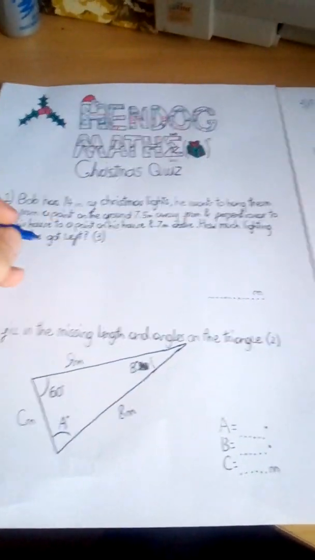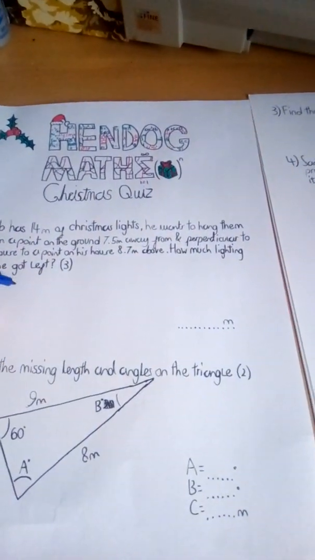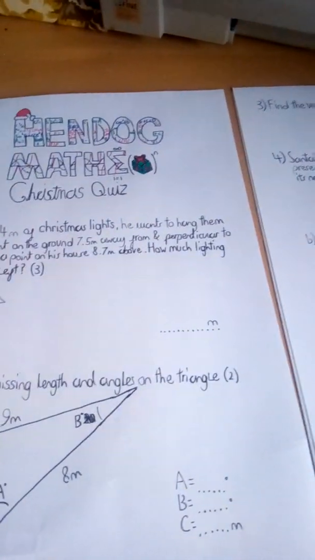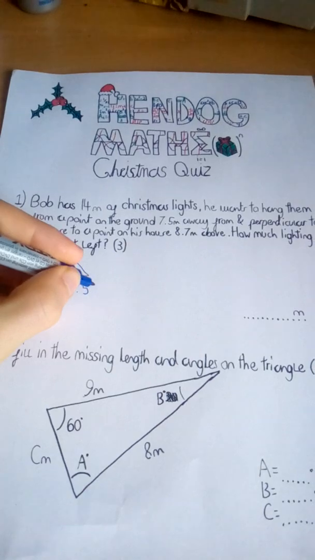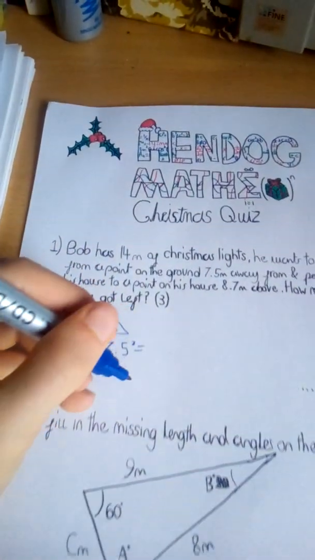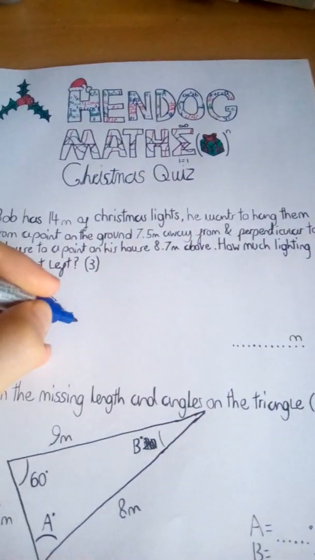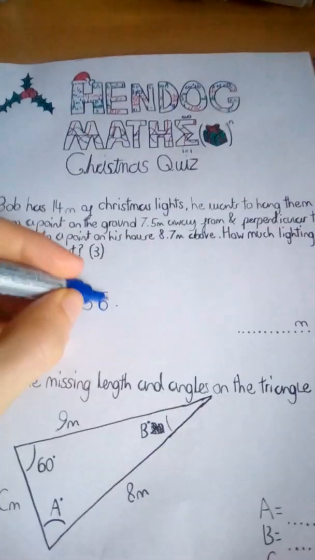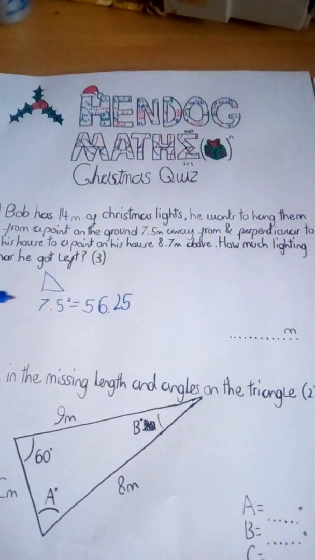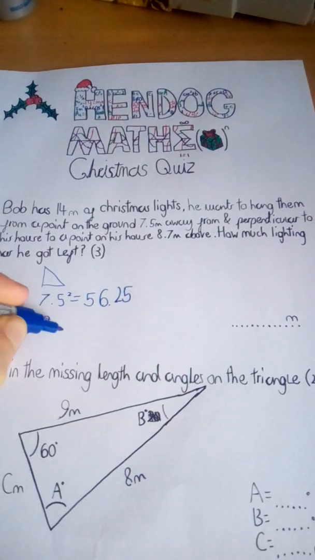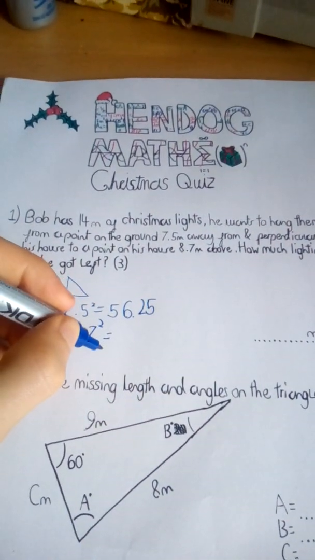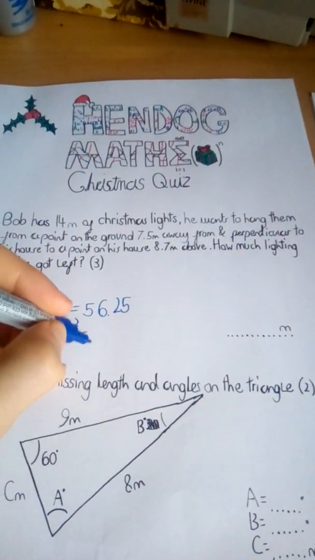So if I just have our triangle here, I'm going to need to do 7.5 squared. That is equal to 56.25. Then 8.7 squared is 75.69.